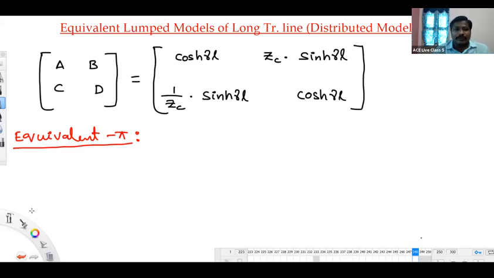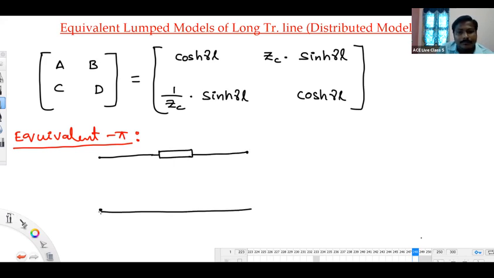Later on, we'll think about those. So the pi model is simply like this.